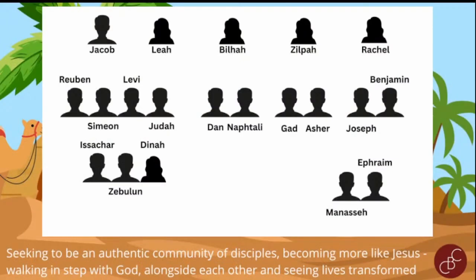So when you read in the Old Testament about the tribes of Israel, they're named after these brothers, except for Joseph, who doesn't get a tribe, but his sons, Manasseh and Ephraim, are known as the half-tribes. So you've got 11 tribes: Reuben, Simeon, Levi, Judah, Dan, Naphtali, Gad, Asher, Issachar, Zebulun, and Benjamin, and then the half-tribes of Manasseh and Ephraim make up the 12 tribes of Israel.